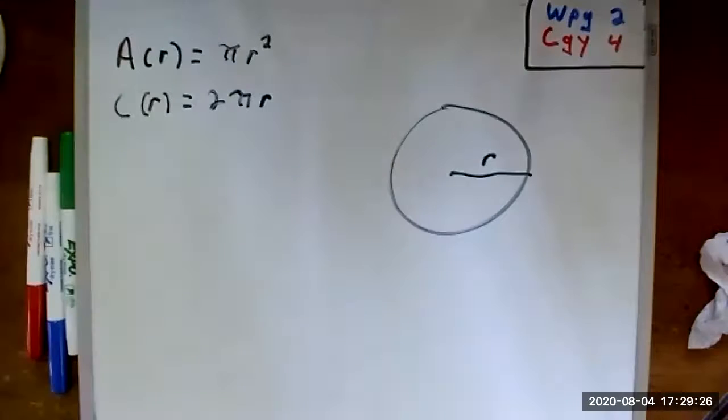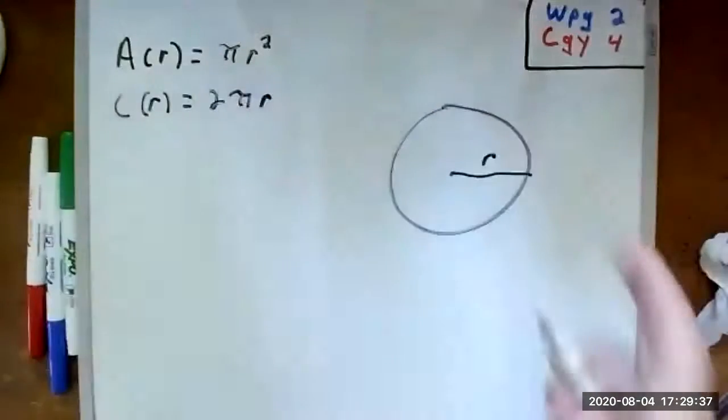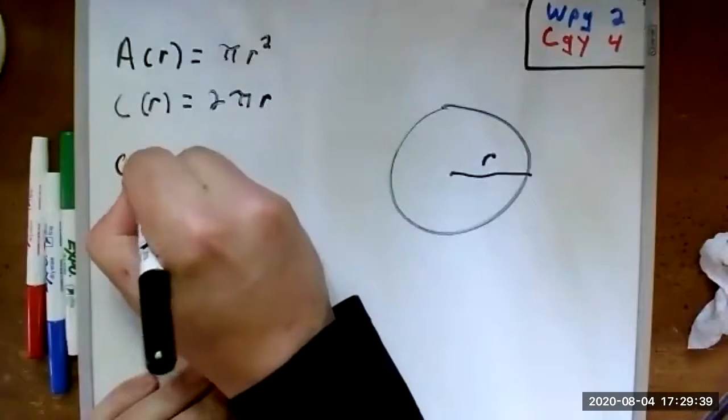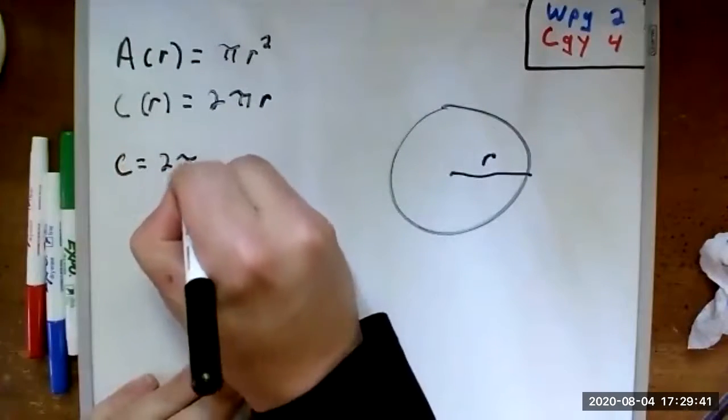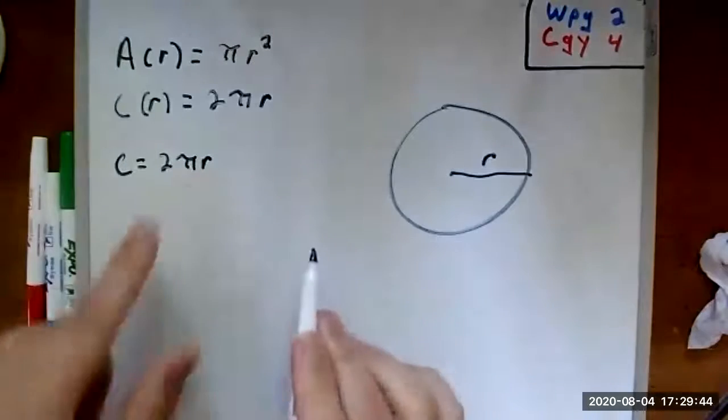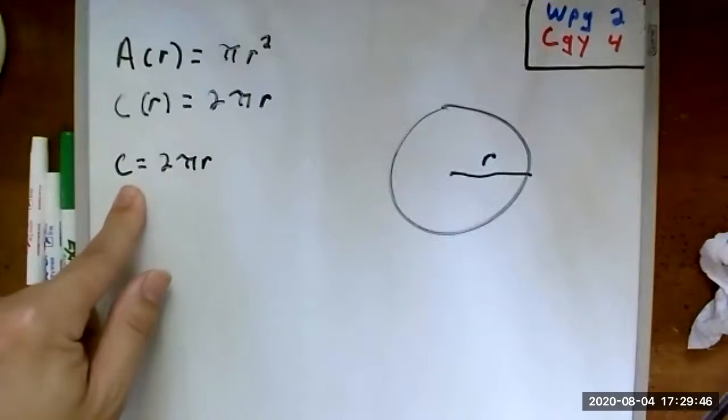I know that the circumference with relationship to the radius is 2 pi r. But let's say for a moment I actually have no control over the radius, but for whatever reason I have control over the circumference.